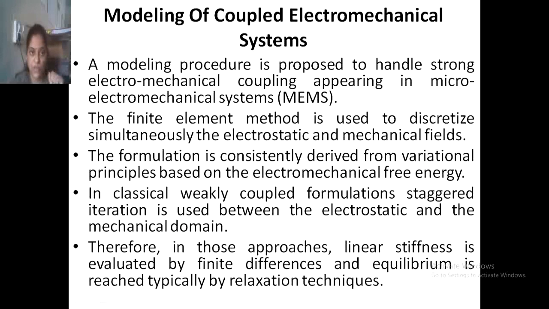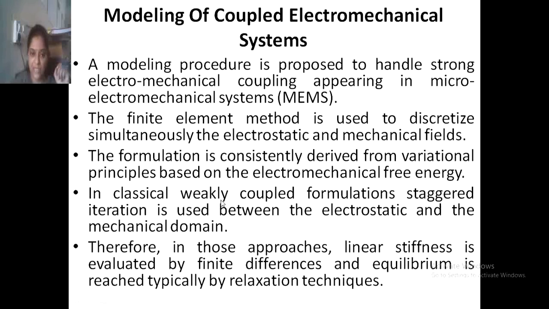So we started with the modeling of the coupled electromechanical system. A modeling procedure is proposed to handle strong electromechanical coupling appearing in micro electromechanical systems. The finite element method is used to discretize simultaneously the electrostatic and mechanical fields. The formulation is consistently derived from variational principles based on the electromechanical free energy.